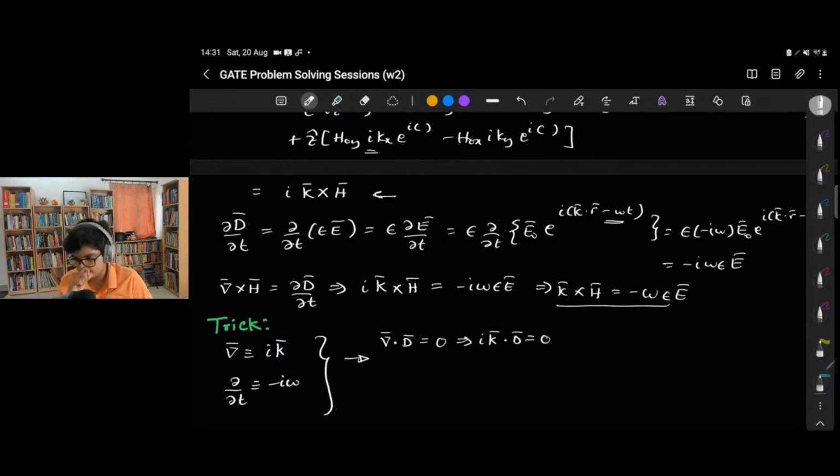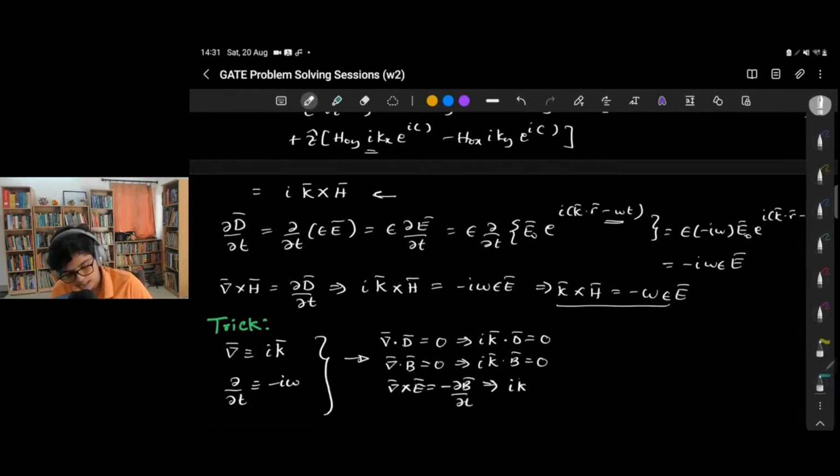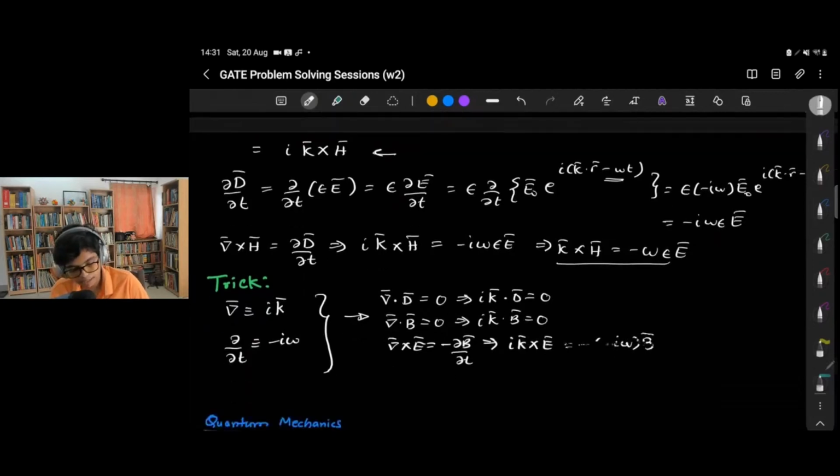You get the first expression right away. Del dot B equal to 0 implies i k dot B is equal to 0. Del cross E is equal to minus del B by del t gives you i k cross E is equal to minus of del B by del t, and del by del t is minus i omega times B. Again, you arrive at the equation right away. And finally, the last one.